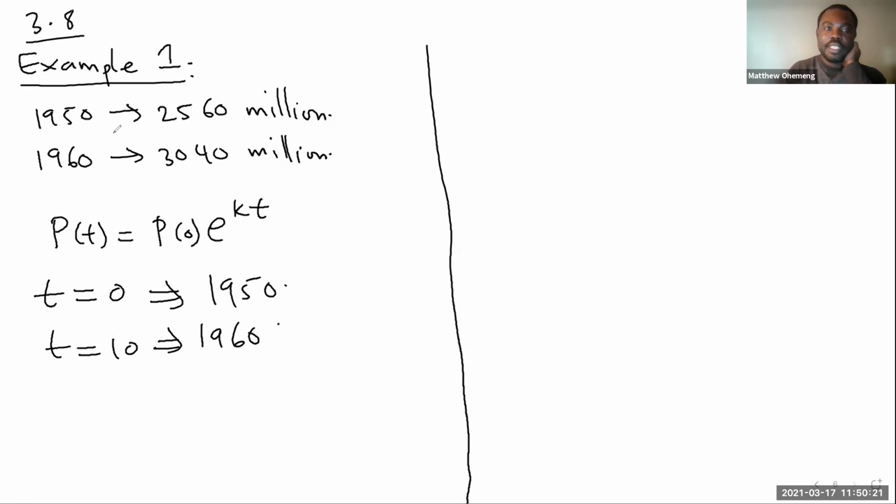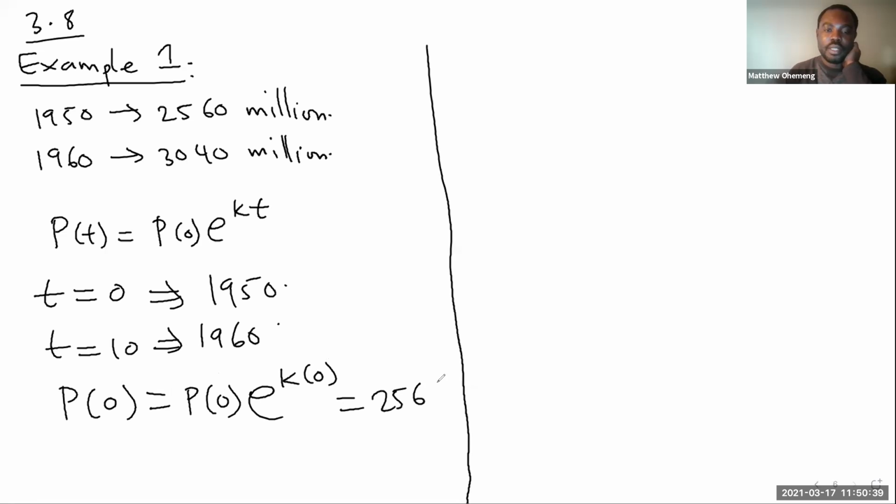So in 1950, that's P of 0. Then I have P of 0 e to the K times 0. The population P of 0 is 2560. So I have one parameter solved for. This is in terms of millions.